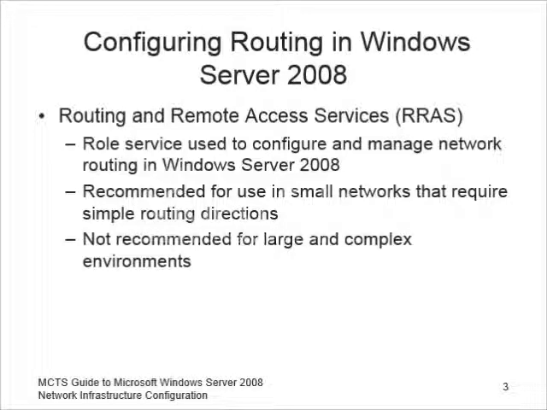There are some of the more common routing protocols that I'm going to be talking about. First one, the Routing Information Protocol, RIP. It's one of the most long-standing routing protocols. It has been in use since the earliest days of routed networks.